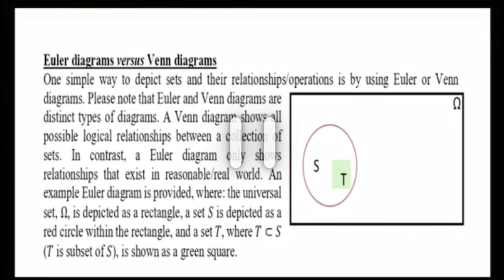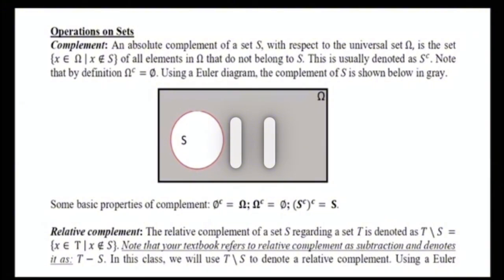Now, I want to move to another property of sets, which we call the complement of a set. If I want to talk about the complement of this class, the complement of this class right now is the other students in the University of Minnesota that are not in this class.